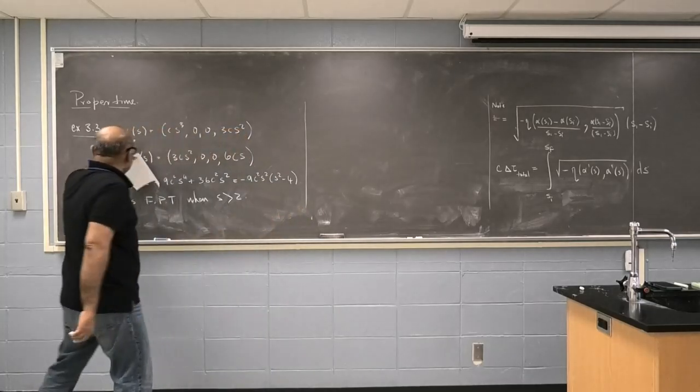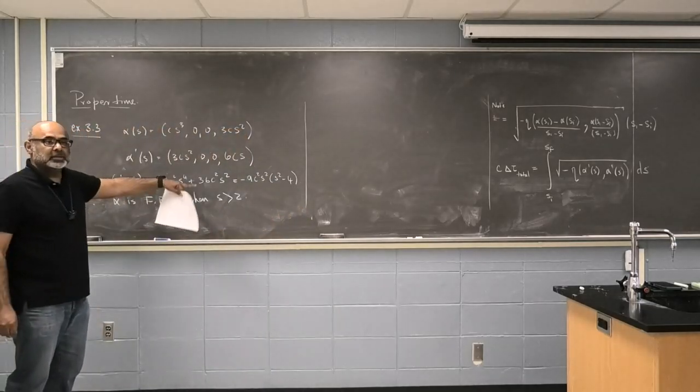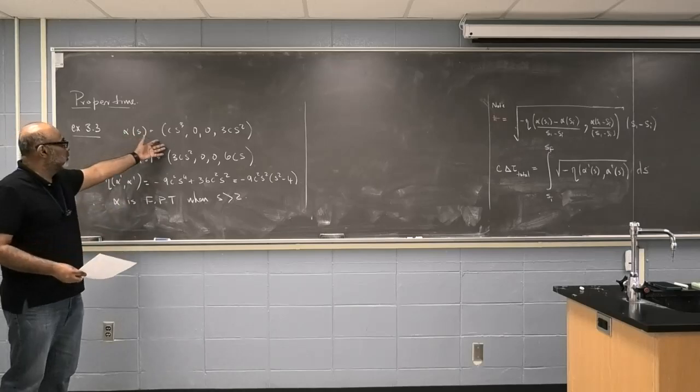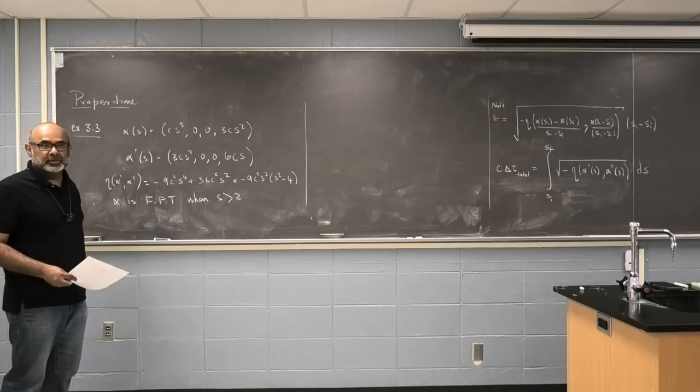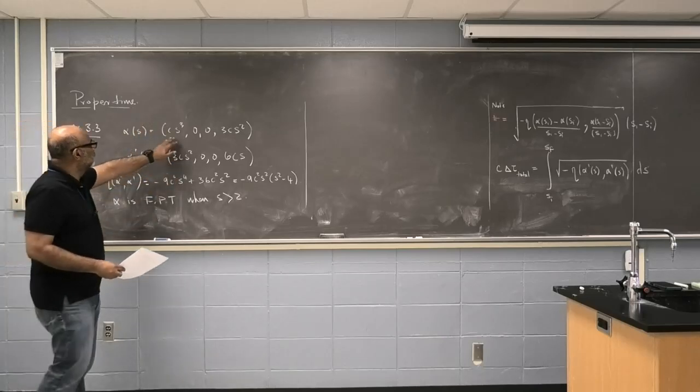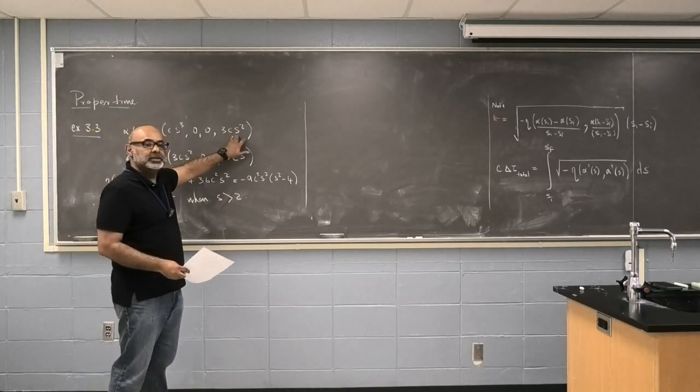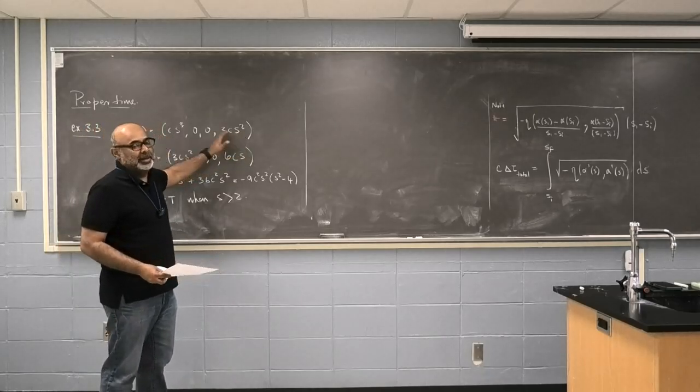So at least when s is greater than 2, this is possibly a potential path for somebody accelerating in space-time. And this object is moving, of course, in time and in the z direction. And why did I pick z? Just for variety.